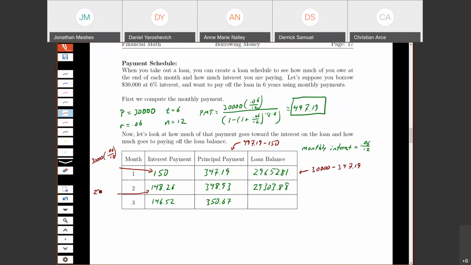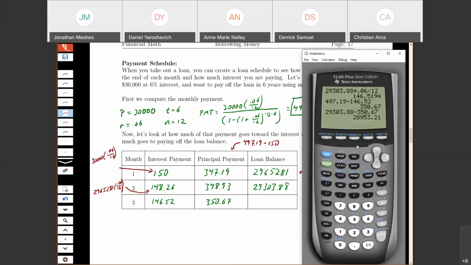We use the previous loan's balance. Okay. So then our last balance is $28,953.21.